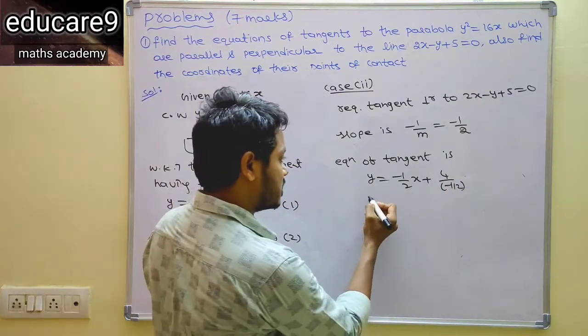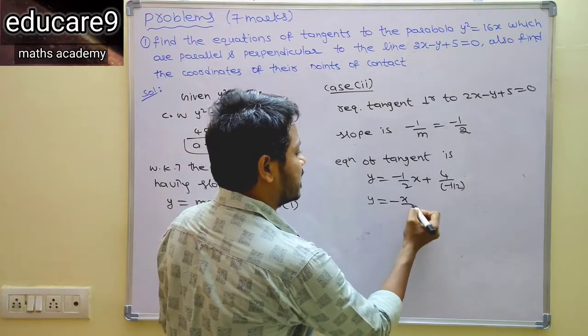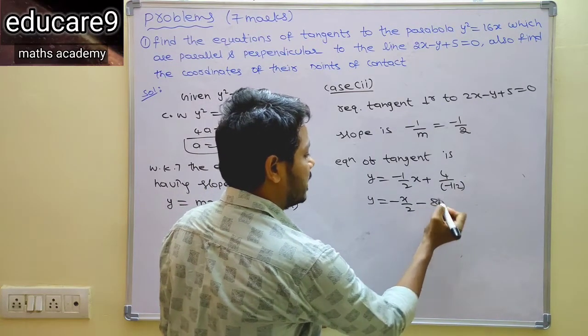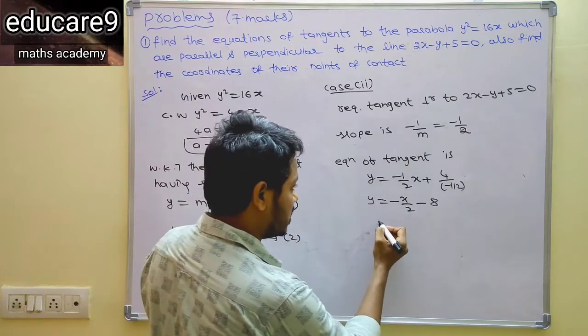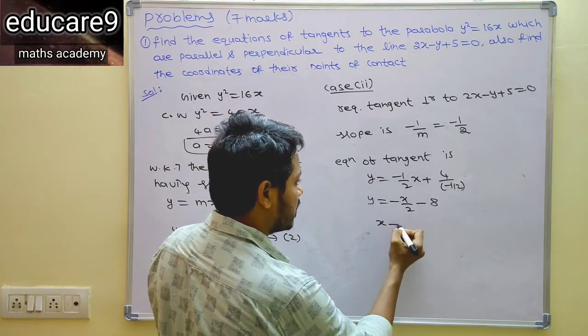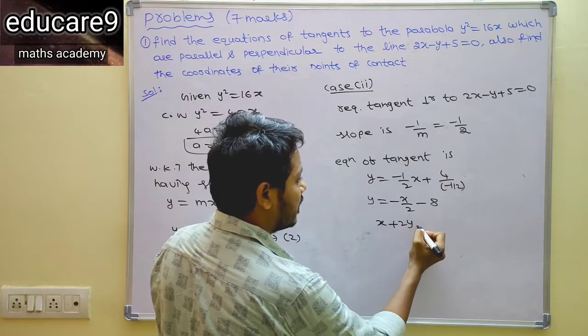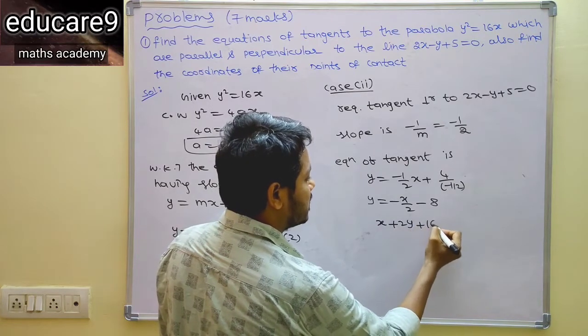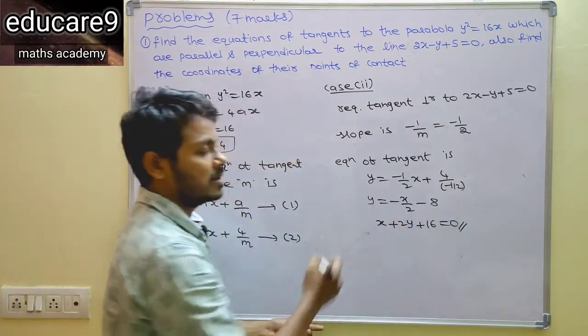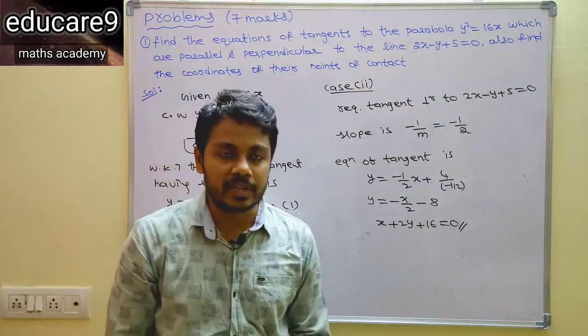So y is equal to minus x by 2 minus 8. So the equation is x plus 2y plus 16 equals 0. This is the other equation of the tangent.